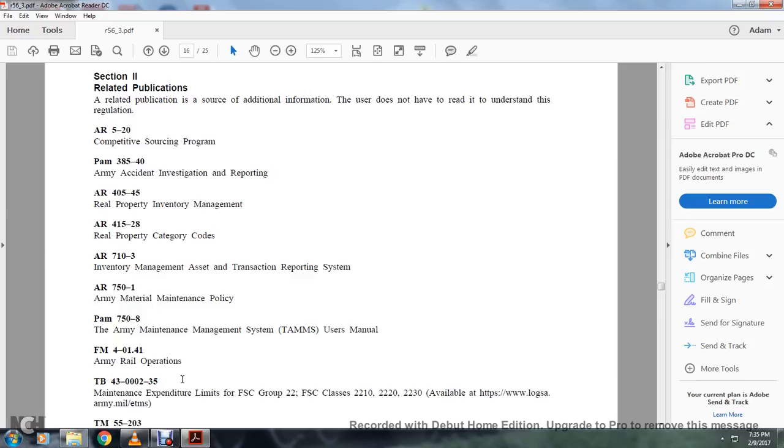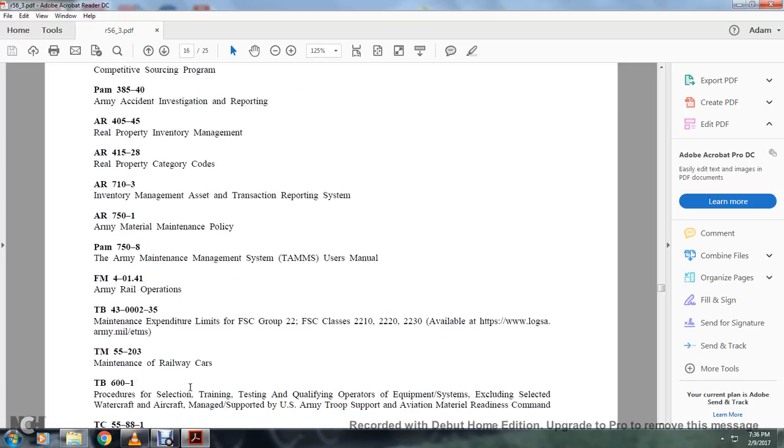4-01.41, Army Rail Operations. Technical Bulletin 403-0002-35, Maintenance Expenditure Limits for Federal Supply Code Group 22, FSC classes 2210, 2220, 2230. Technical Manual 55203, Maintenance for Railway Cars. Technical Bulletin 600-1, Procedures for Selection, Training, Testing and Qualifying Operators.